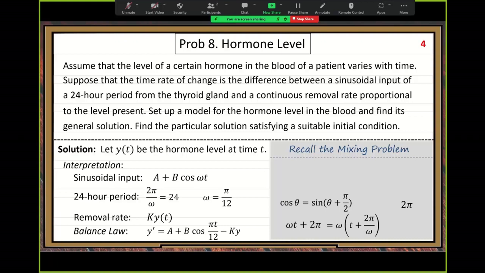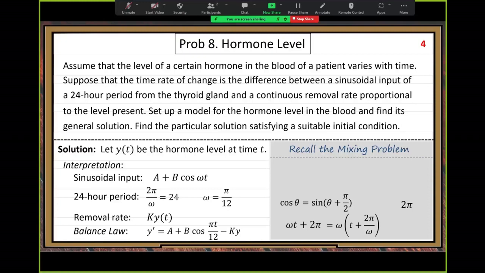That removal rate is proportional to the level present. The level present is y of t, so the removal rate is k times y of t. That's the second term, the removal rate.